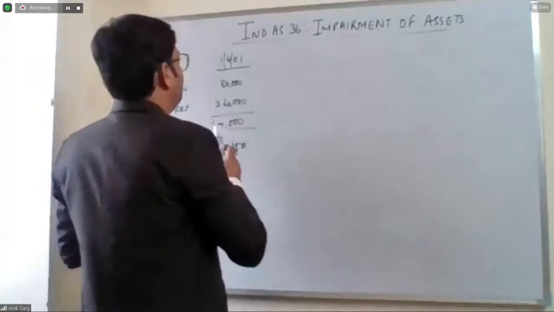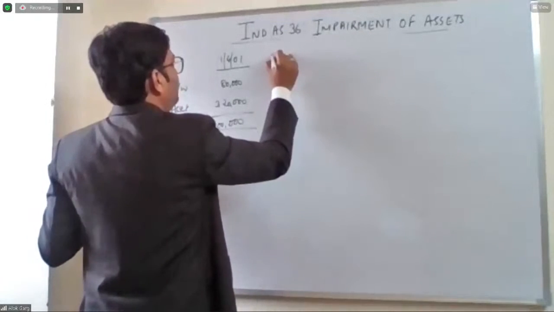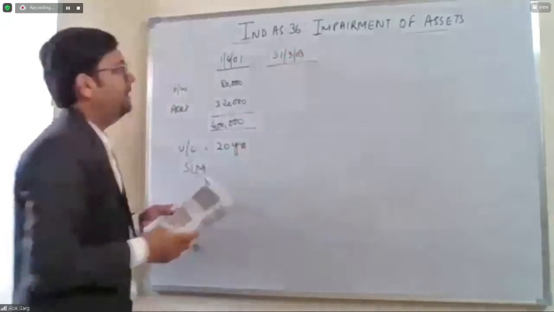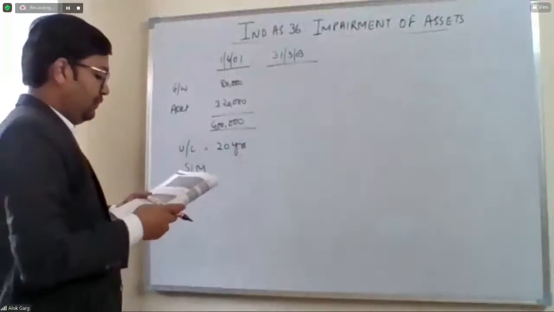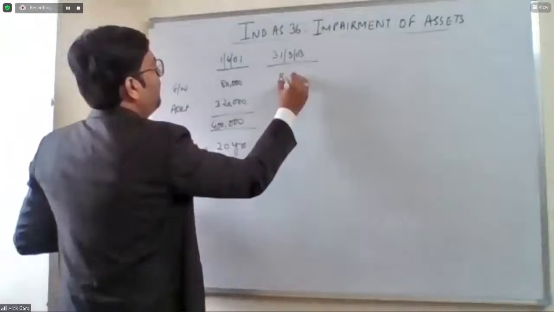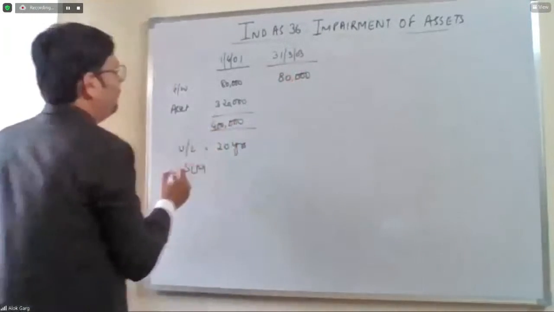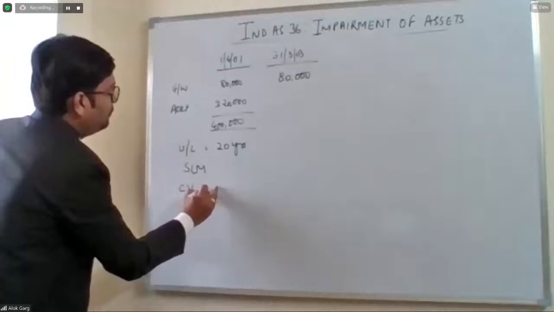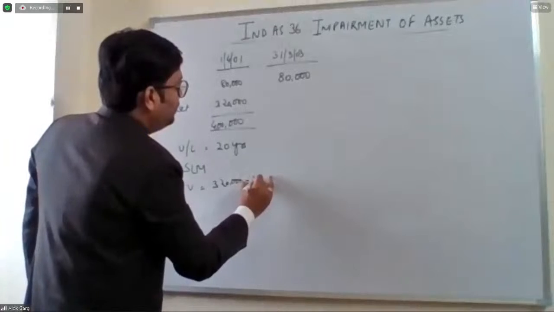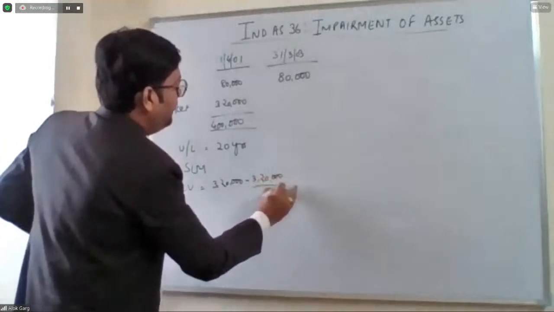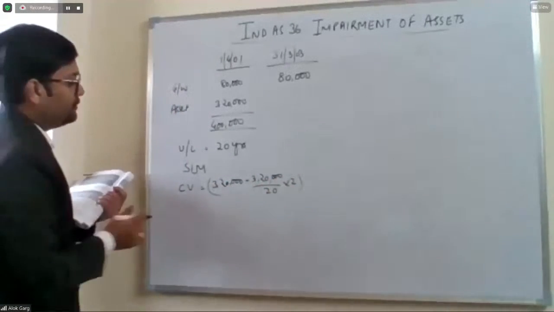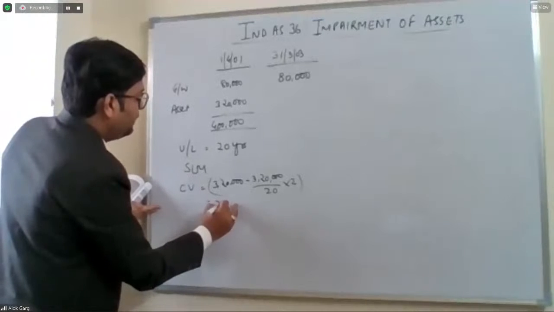So on 31st March 2003, after 2 years, what is the carrying value of goodwill? Of course, the carrying value of the goodwill is the same. It is 80,000. What is the carrying value of the asset? Carrying value is equal to 3,20,000 minus 3,20,000 divided by 20 multiplied by 2, which is 3,20,000 minus 32,000.